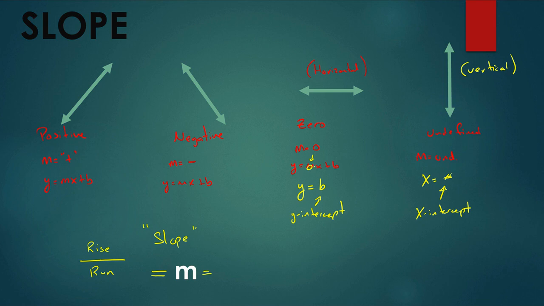You might also recognize it as y2 minus y1 over x2 minus x1. And I want you to recognize that the y2 and the y1, we've seen that before. That just means your change in y over your change in x. And we'll talk more about that in a bit, right?